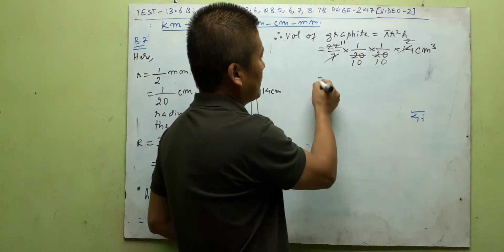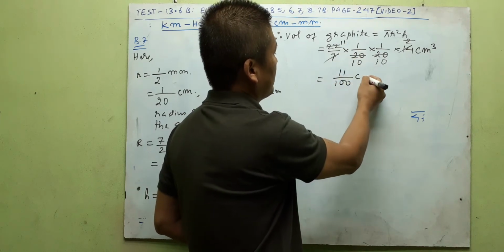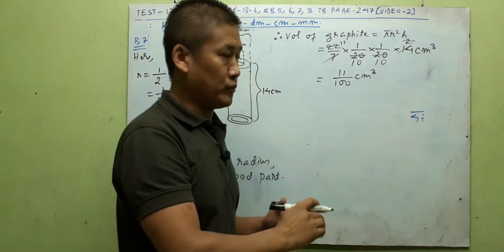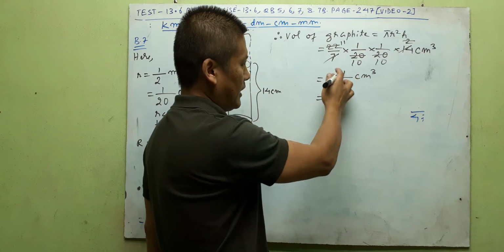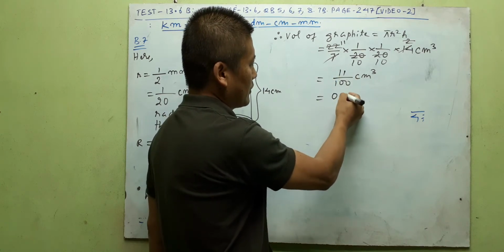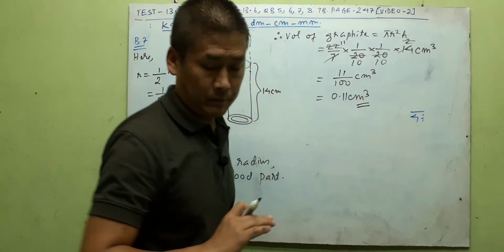Let's not touch anymore. That will be 11 by 100. Now we know 11 by 100 means the decimal will move left because the zeros are in the denominator. So divide means left, 1 and 2, so it will come right in front of the first one. 0.11 centimeter cube is the volume of the graphite part.